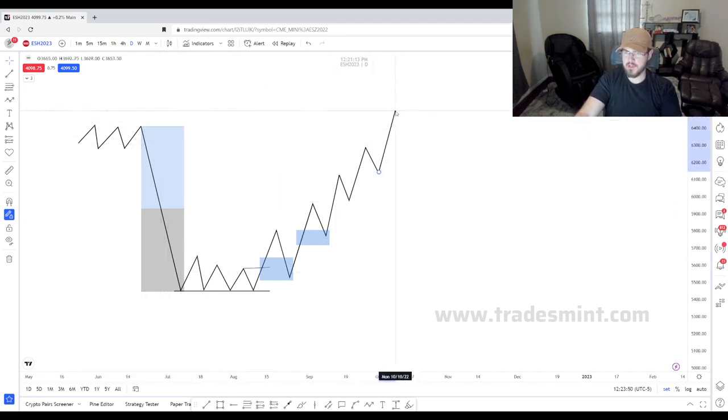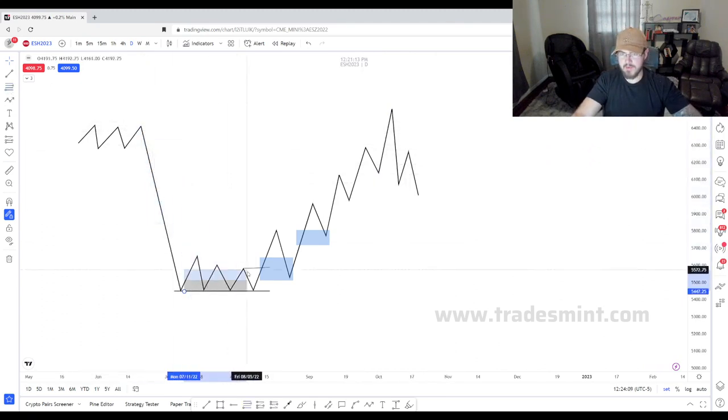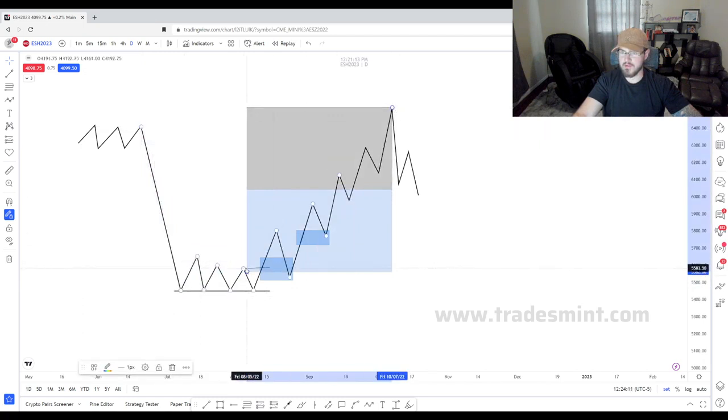But let's say that push up doesn't necessarily close, and then it just kind of starts to reverse and does this. Or, more of a reversal, and does that. Right? So let's say we get that reversal and people now want to be bullish because they say, okay, well, this is now a bullish range.